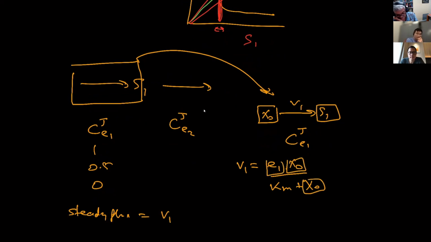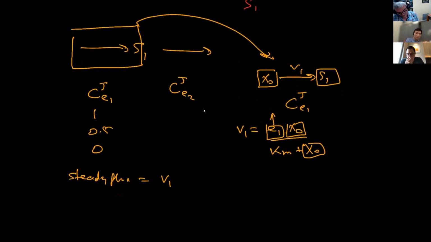And E1 is the thing I can change up and down, right? So in order to get the control coefficient, all I have to do is differentiate this with respect to E1. So C^J in this case is dV1/dE1 times E1 over V1, right?